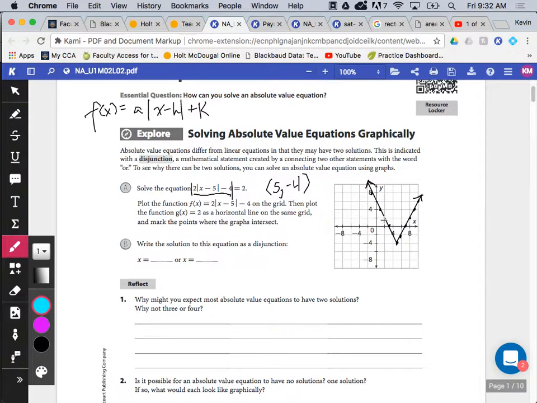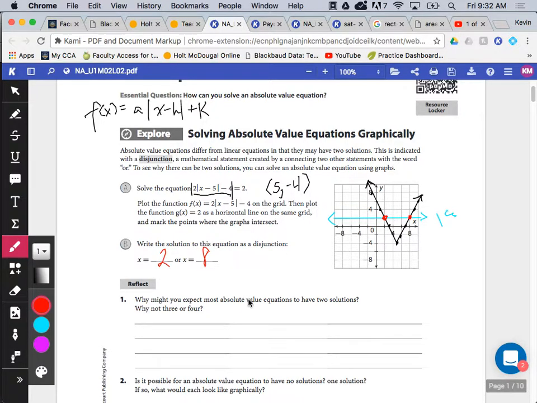But if I want to actually show something graphically, then I'll do a line at y equals 2. And where that line intersects my graph is where my function is equal to 2. So that's at x equals 2 or x equals 8.